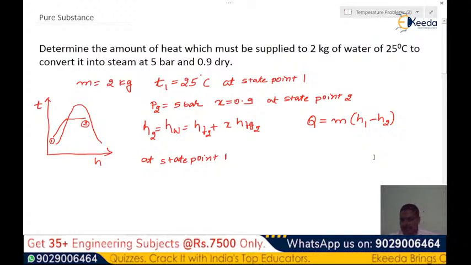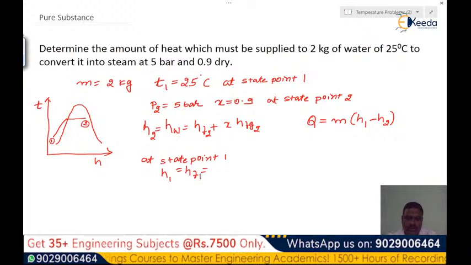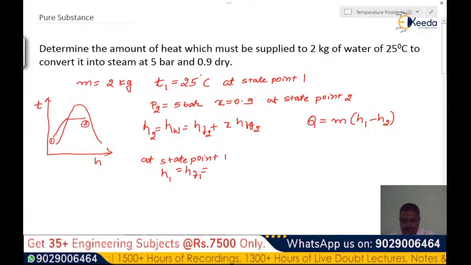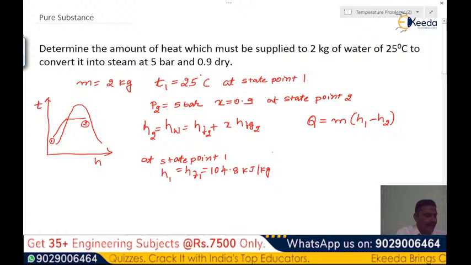So at state point 1, H1 is equal to HF1, that is equal to 104.8 kilojoules per kg.